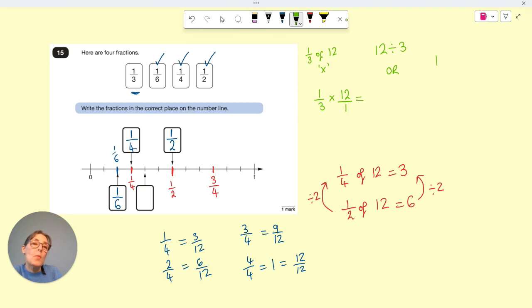So let's see, 12 divided by 3, 3's into 12 is 4, or 1 times 12 is 12, and that's still 12 divided by 3, which is 4. Okay, what I'm trying to do is find out how many parts. So 1, 2, 3, 4. Okay, so 1/3 of 12 is 4. So I think that's where 1/3 goes.